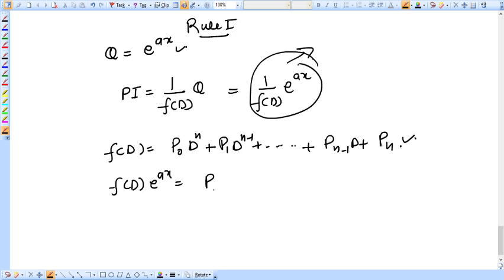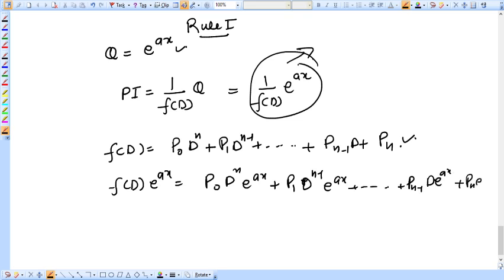It is equal to p0 D^n e^ax plus p1 D^(n-1) e^ax up to so on plus p(n-1) D e^ax plus pn e^ax. So this is your f(D). Now you see what this term could be.